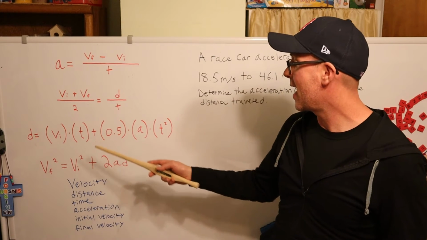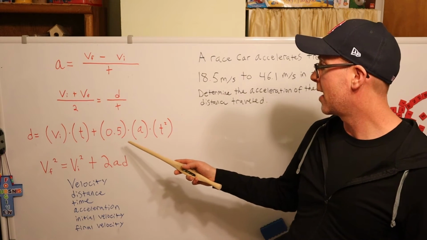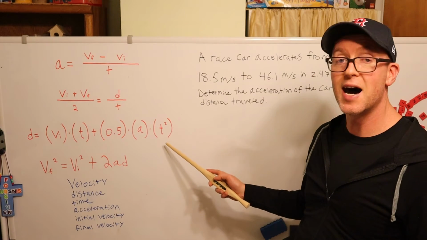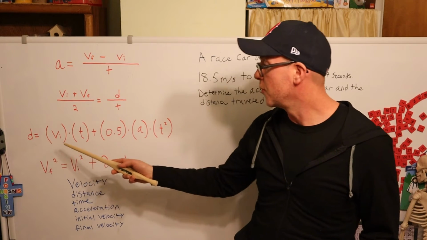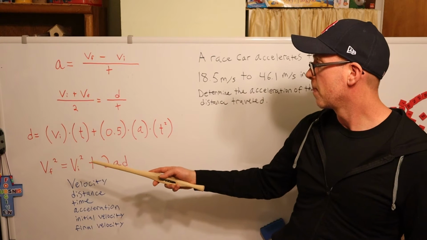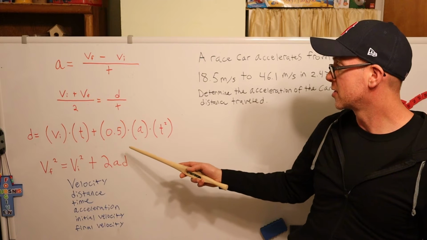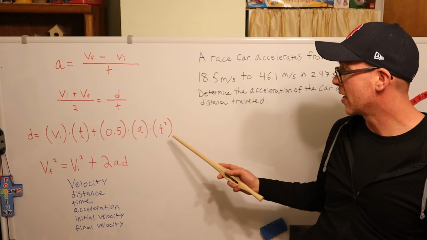And then you add that to 0.5 multiplied by acceleration multiplied by time squared. So let me say that again. Distance is equal to initial velocity multiplied by time plus 0.5 multiplied by acceleration multiplied by time squared.